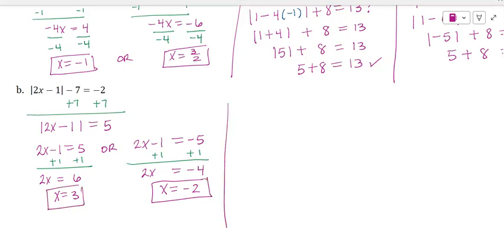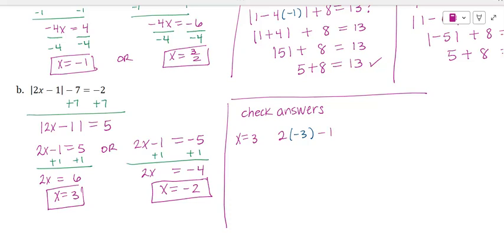Let's check our answers. All right, let's check x equals 3 first. 2 times negative 3 minus 1. We want to know if this is equal to negative 2. Negative 6 minus 1.